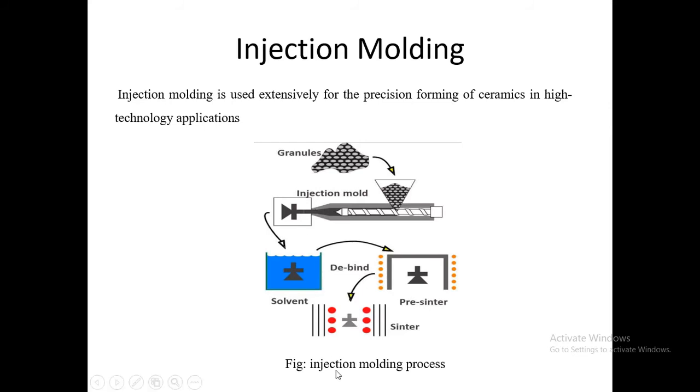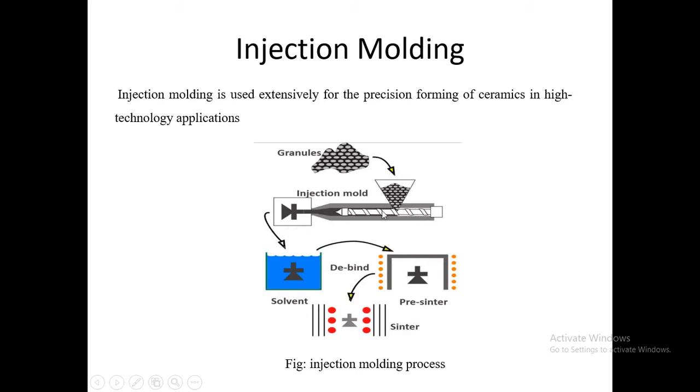The working principle of the injection molding process is represented here, where it follows different stages. Initially, before injection molding, the fine ceramic powder is mixed with a polymer binder, such as a thermoplastic polymer or wax, to form a homogeneous mixture. This mixture is granulated to form a feedstock.